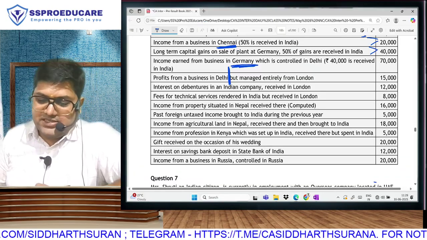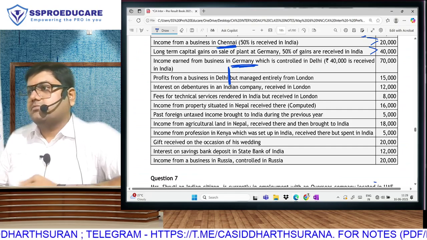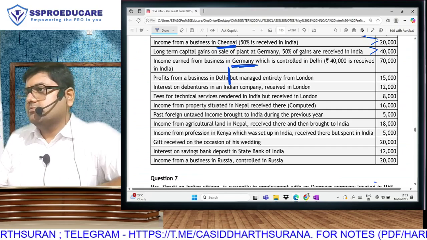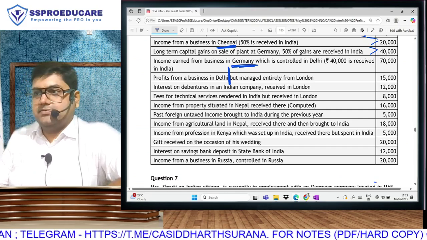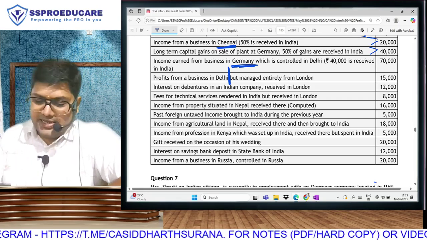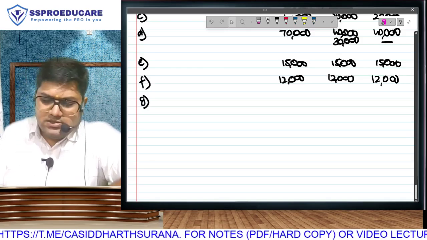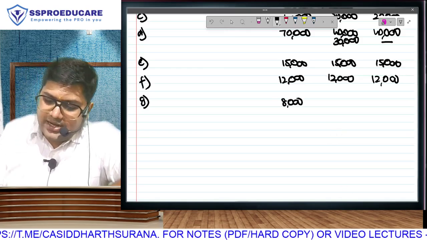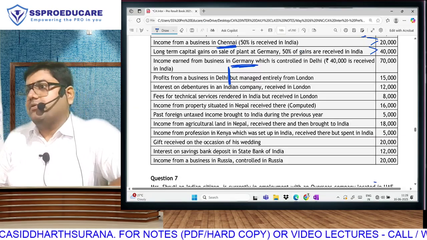Fees for technical services rendered in India but received in London. FTS, last income. First, let's talk about the first column. Very easy. How much? 8,000. Second column and third column, please be a little careful before you answer this.